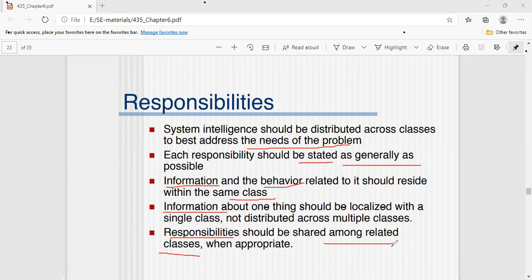We may give another statement for this: it is a sharing of work between multiple classes for getting effective or efficient output towards the problem statement of the project. Clear? This is about responsibilities.